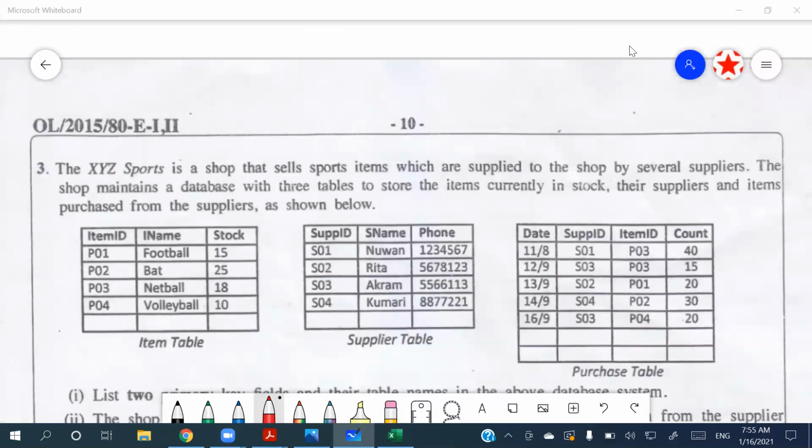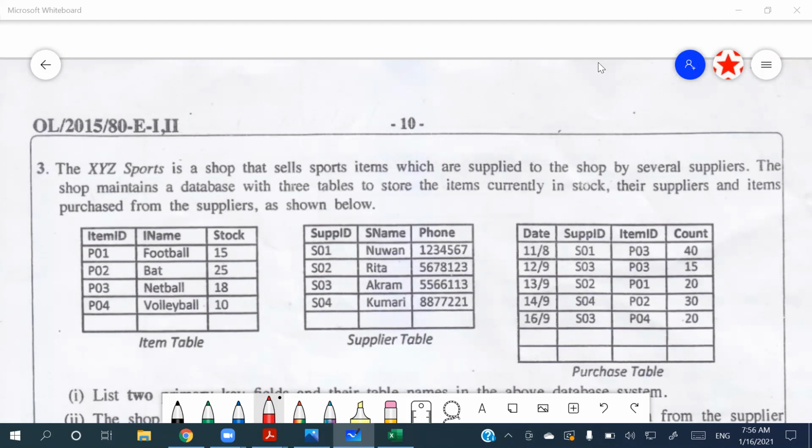Yes, Heshani, the third one. Right, Daniel, I'm talking about it.